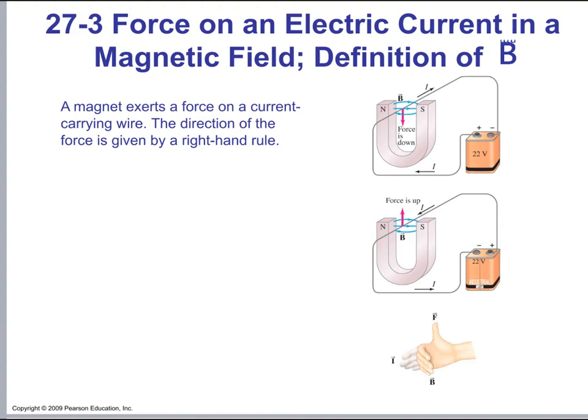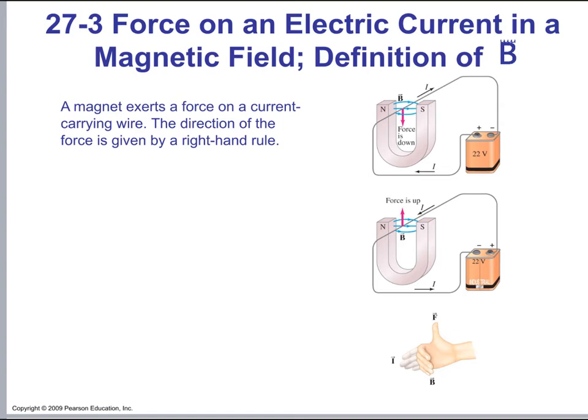But the key thing here is that we have multiple right-hand rules that we have to understand how to use. And really what you need to understand is, what is the particular right-hand rule for? What is it used to calculate or to determine? And it's always going to be some kind of direction. In the first case, we were looking at the current flowing down a wire, and the question was, what's the direction of the magnetic field created by that current?